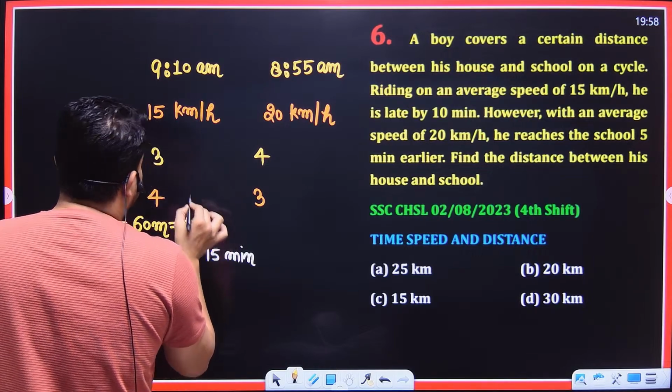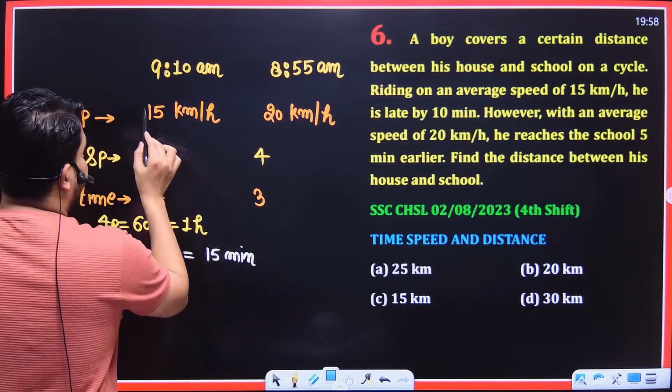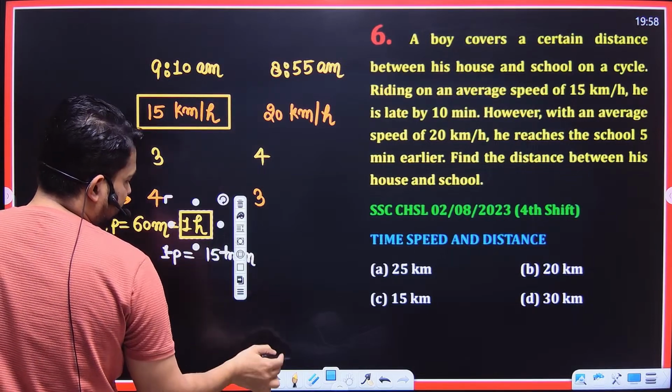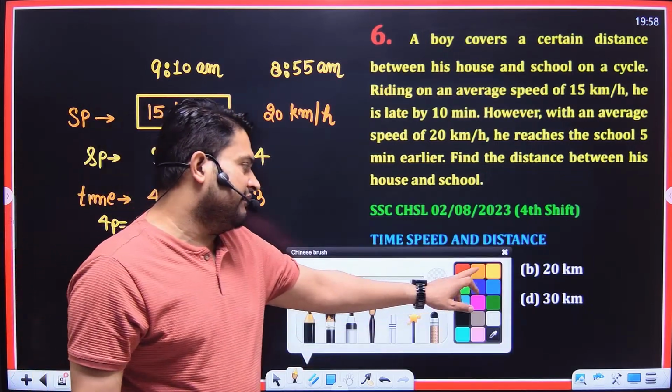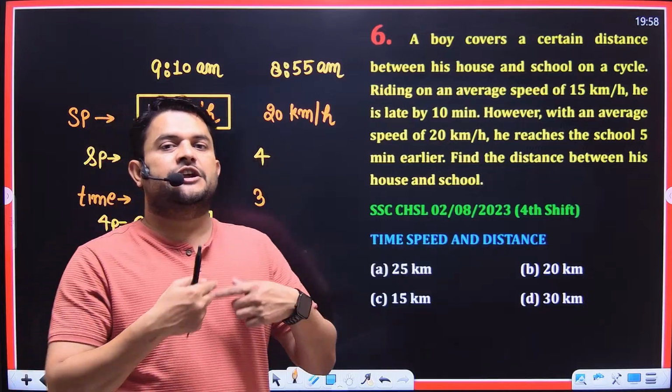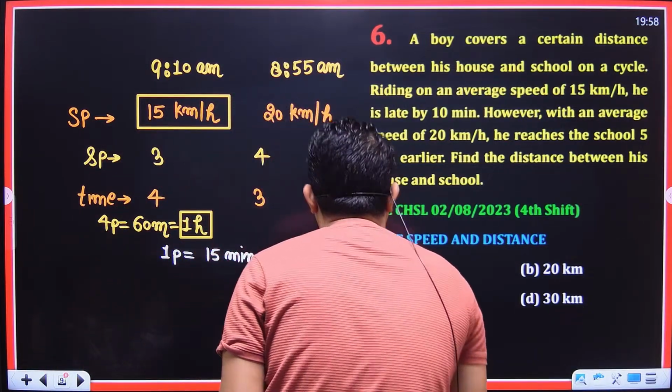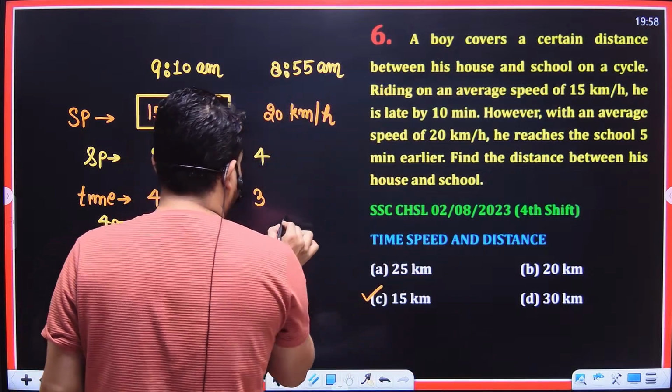It means at a speed of 15 kilometer per hour, he traveled for 1 hour. If you travel for 1 hour at a speed of 15 kilometer per hour, then you will travel a distance of 15 kilometer. This one is my distance.